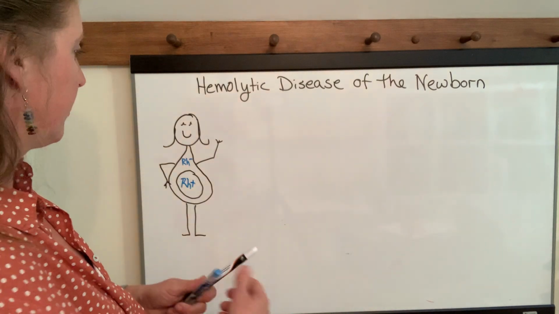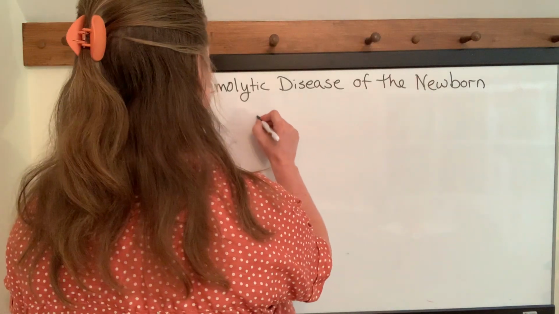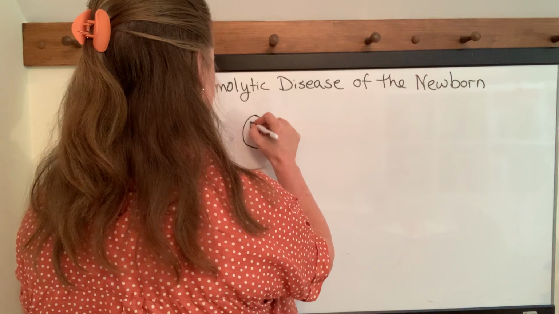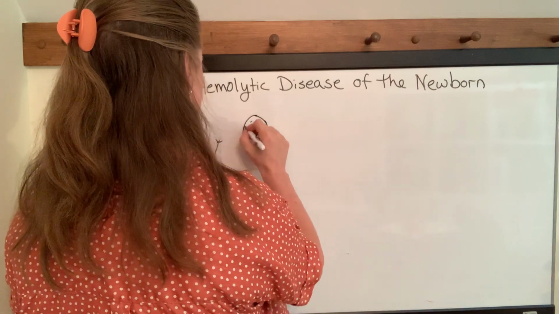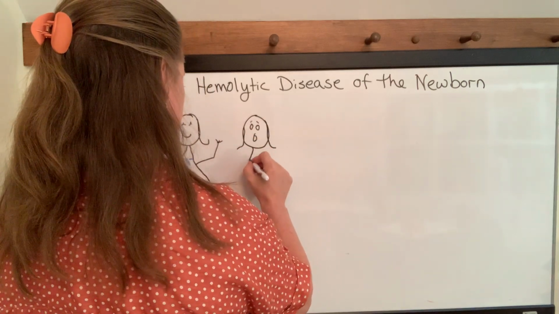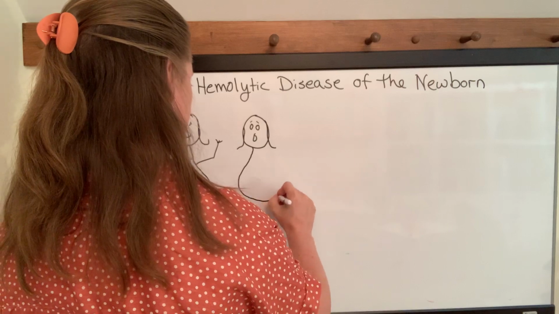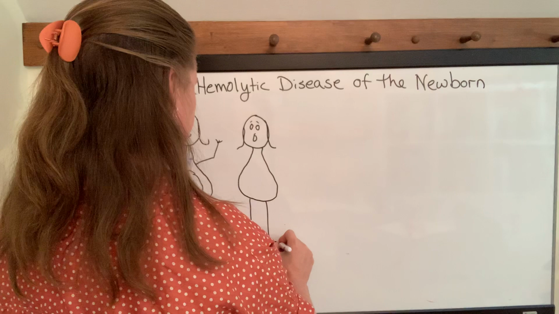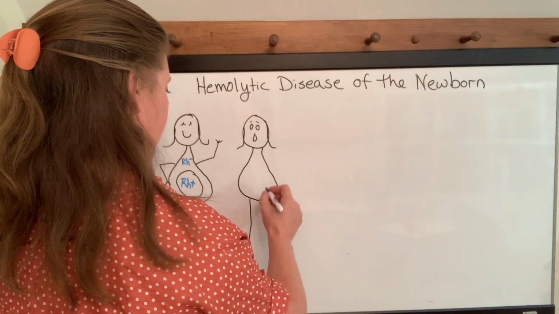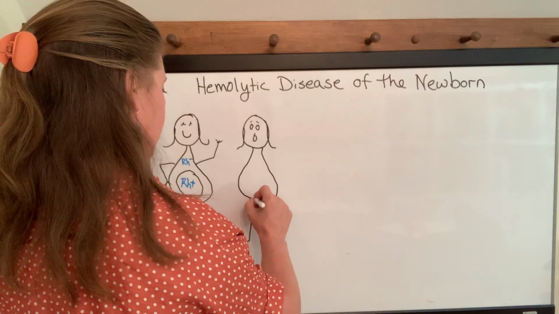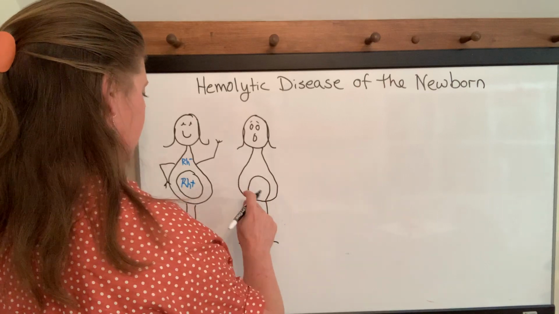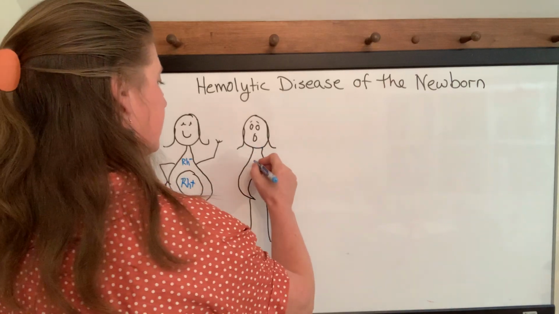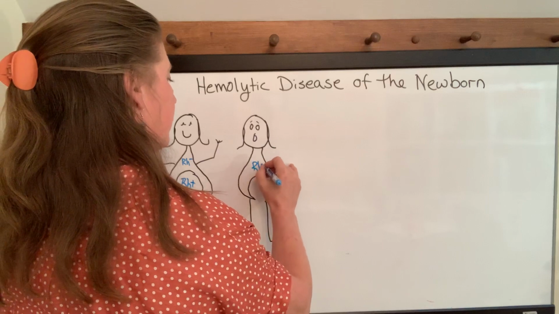However, during childbirth, when the baby is coming out, we won't draw this completely. Mom is still Rh negative because that's her genes.